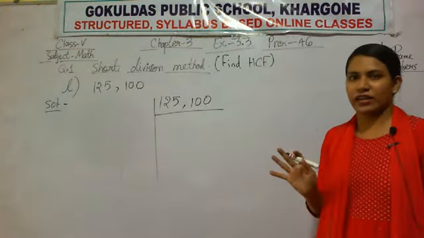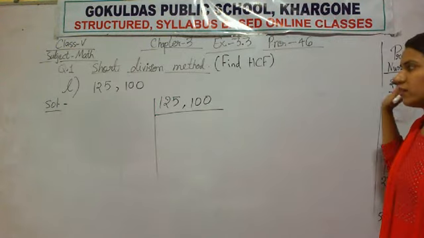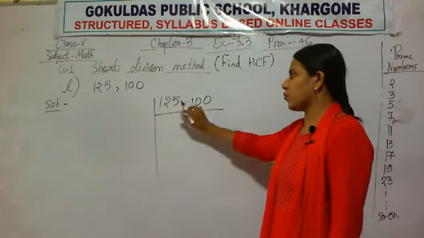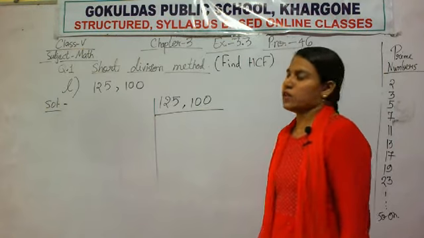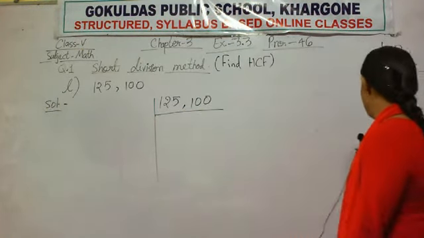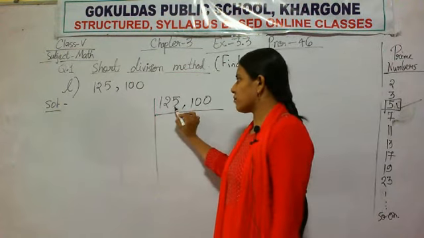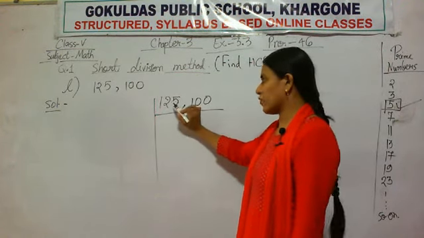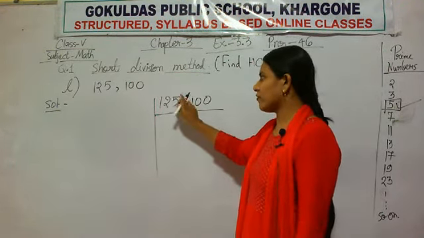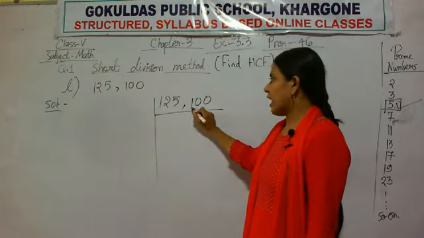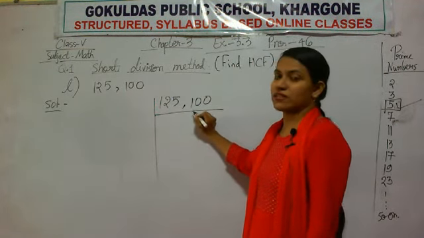So we cannot divide it by 2, right? We cannot divide both the numbers by 3 also. But we can divide it by the next prime number, 5. Why? Because the ones place of this number is 5. So we can divide this 125 exactly by 5, and we also can divide this 100 by 5.